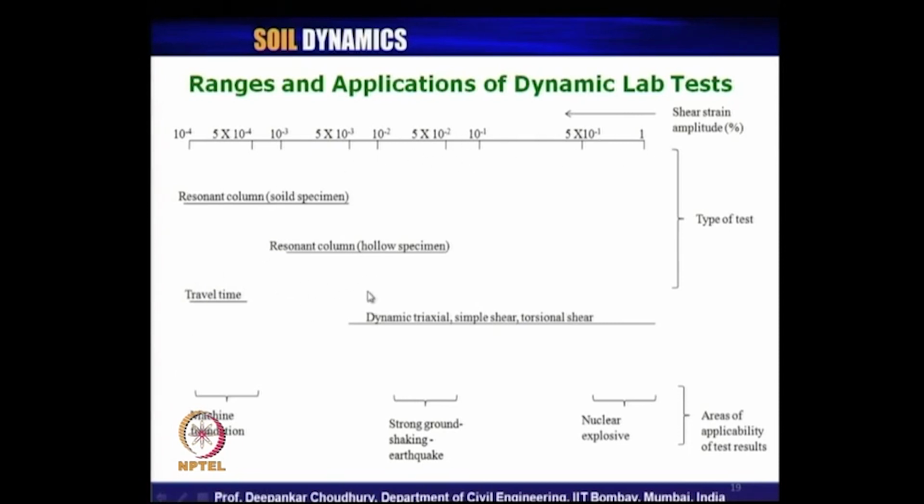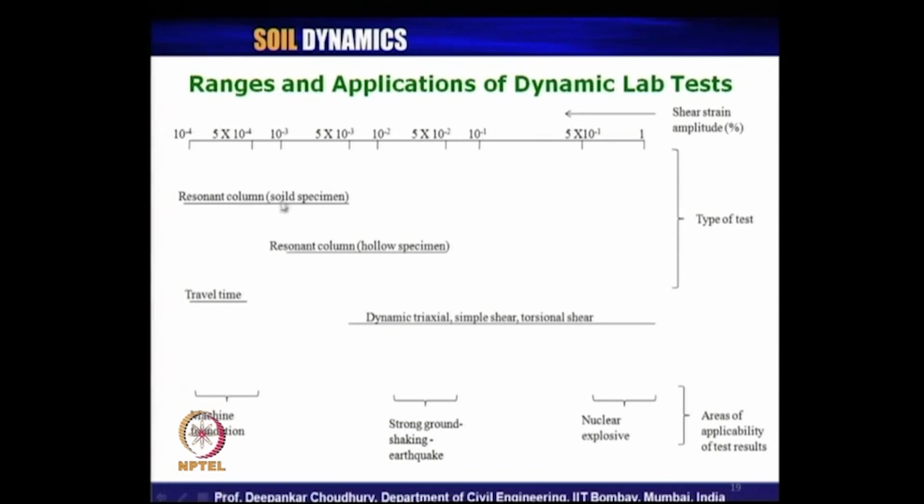For strong ground earthquake motion, when you are using laboratory test results, the dynamic shear modulus and dynamic damping ratio should come from either dynamic or cyclic triaxial test, simple shear or torsional shear, or at most resonant column if you have used a hollow specimen.